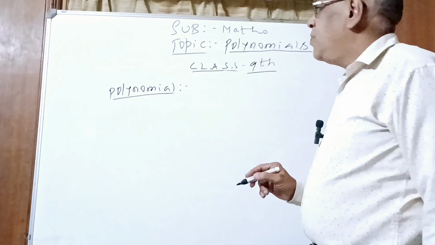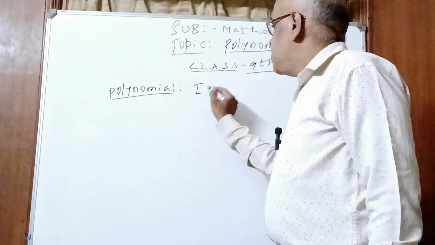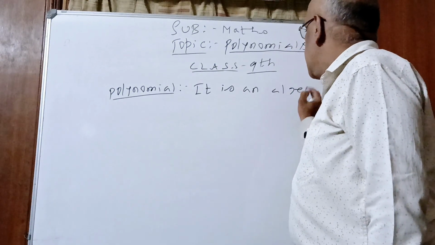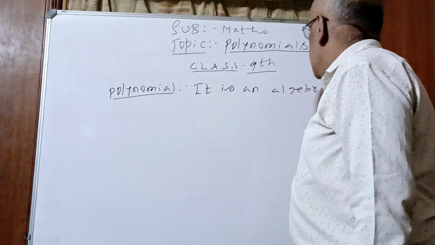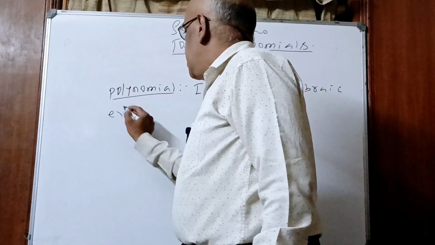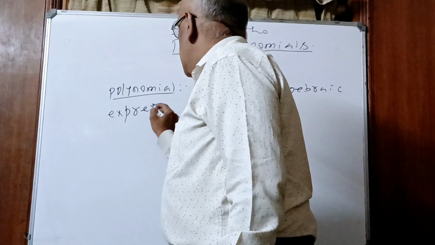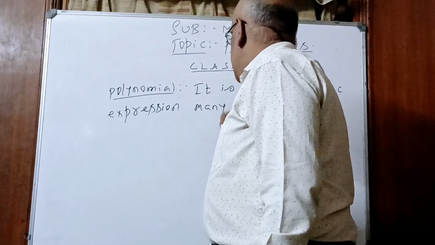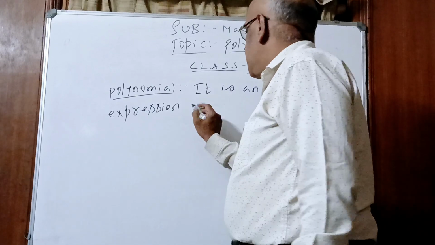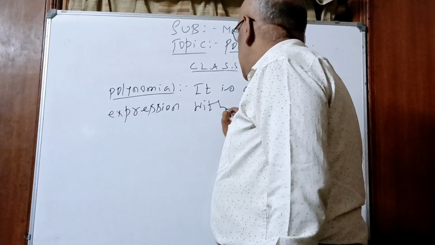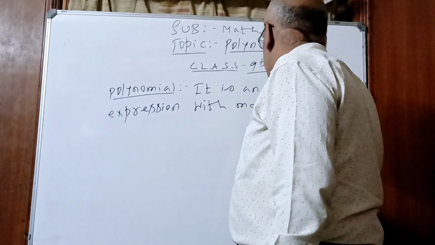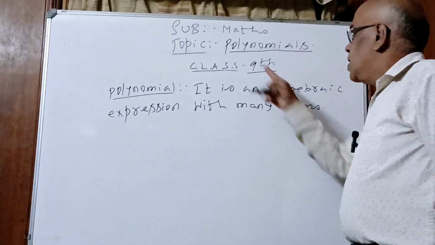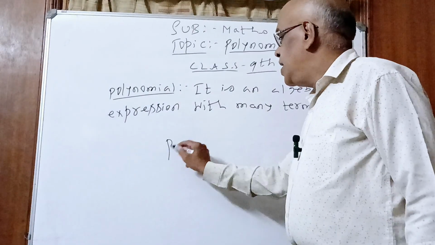Polynomial. What is a polynomial, children? It is an algebraic expression with many terms. Now, the question arises: what is an algebraic expression? In the question only, the answer is hidden.